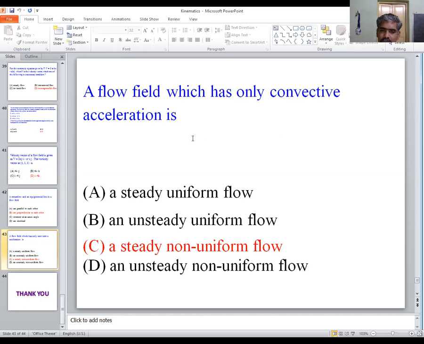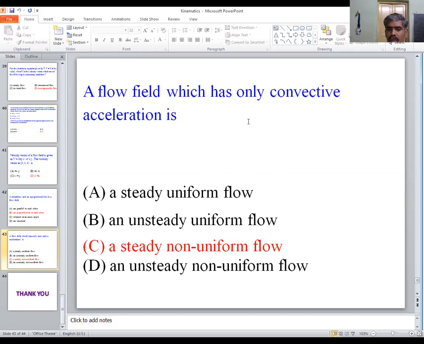In that, other than the local acceleration, the remaining terms are convective, that is based on space, position derivatives in x, y, z. That represents a non-uniform flow.